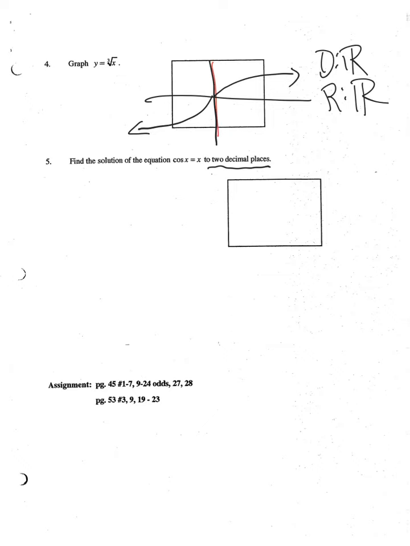Okay, if you have to find solutions and pay attention to how many decimal places, then you're setting these equal to each other and finding where they intersect. That is, where does cos x equal x? Well, graph cos x in your equation editor as y1, and graph x in your equation editor as y2.